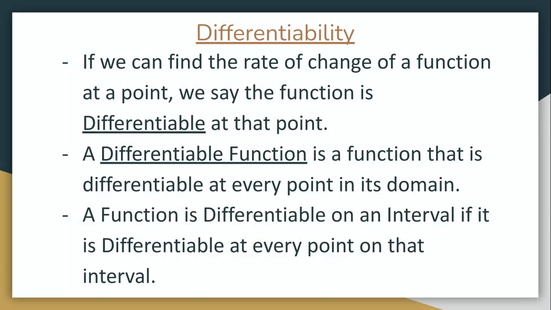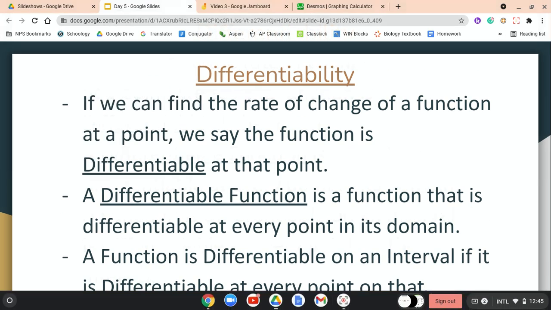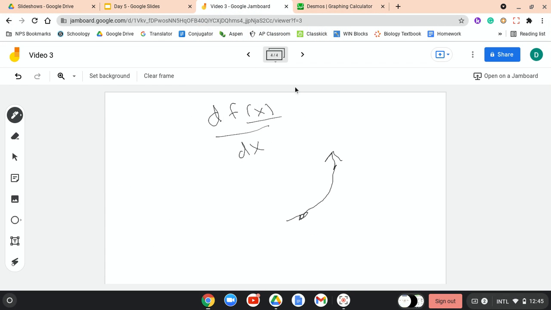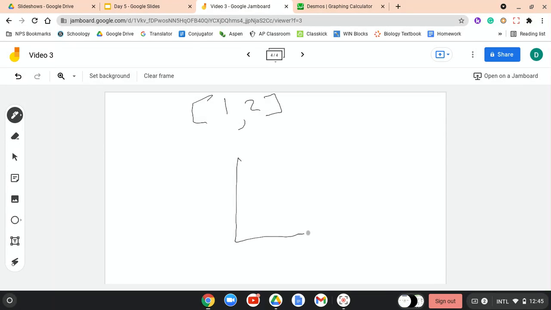A differentiable function, similar to our definition with continuous functions, is a function that is differentiable at every point in its domain. So if you can differentiate the function at every single point within its domain, it's a differentiable function. And a function is differentiable on an interval if it is differentiable at every point on that interval. For example, if I asked, is the function x squared differentiable on the interval 1, 2, so from 1 to 2, you would say yes, because you can find the slope of f of x equals x squared.